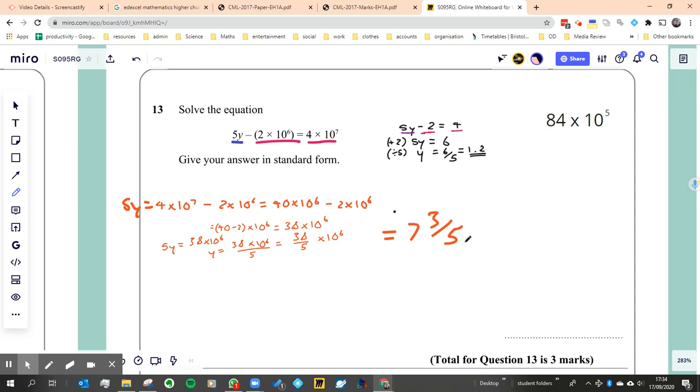Now 3 over 5 is 0.6 because 1 over 5 is 0.2, so you multiply it by 3. So it's 7.6. So it's not looking good for your answer at the moment, I'm afraid. 7.6, unless I've done something wrong. So yeah, it looks like that. And then times 10 to the 6. So that's what I've got there.